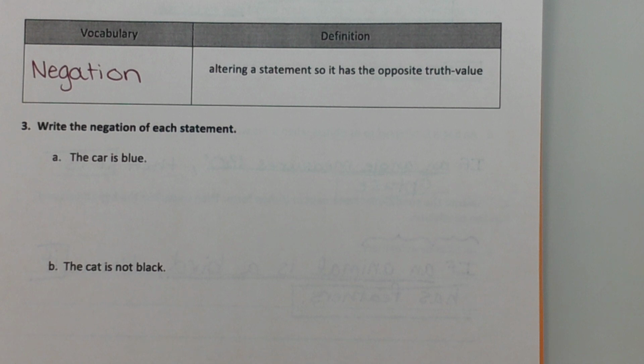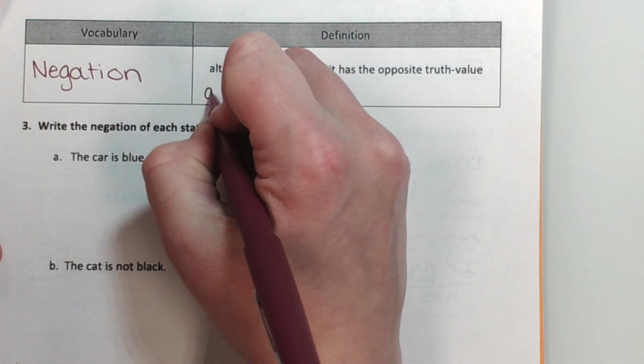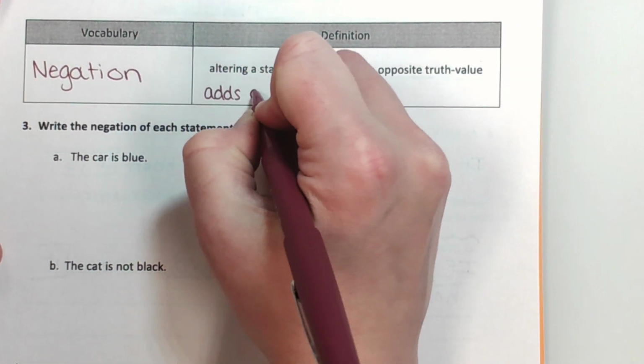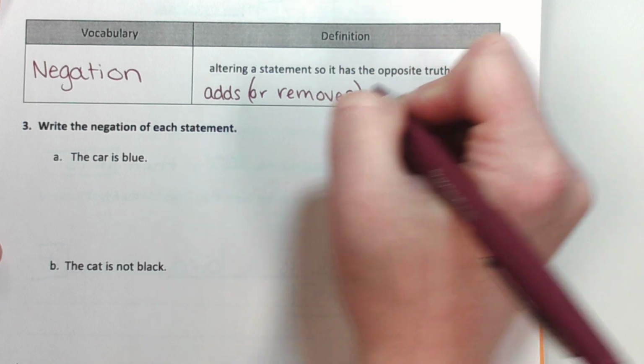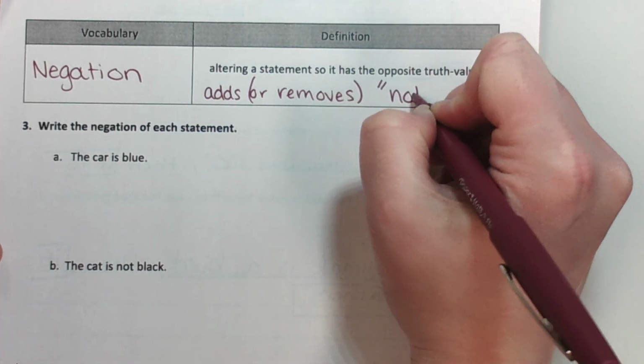A negation literally adds, or if the not was already in the sentence, takes away the word not. That's all a negation really does. It adds or removes not.